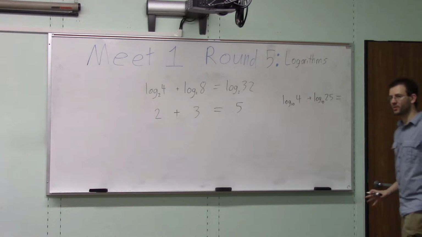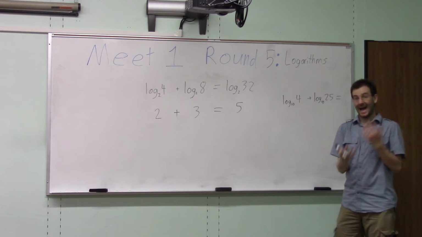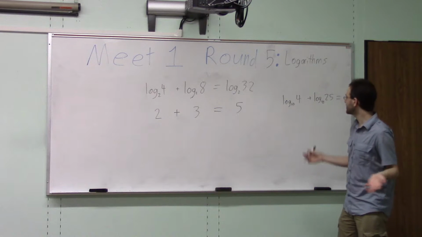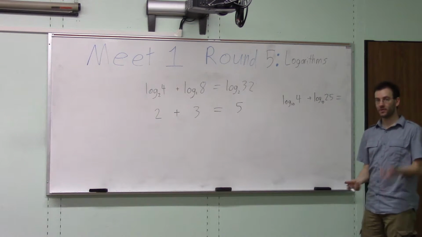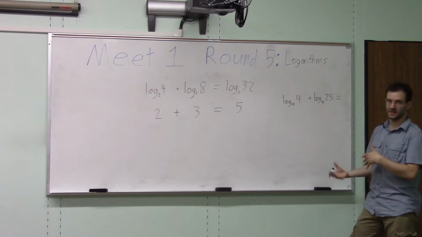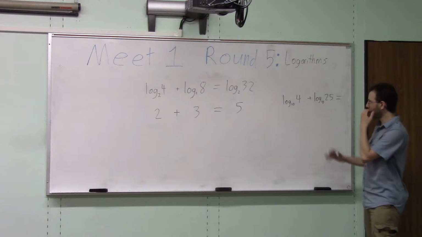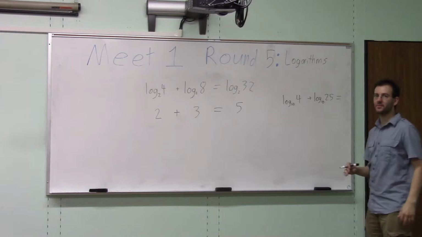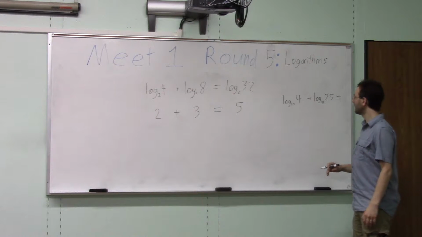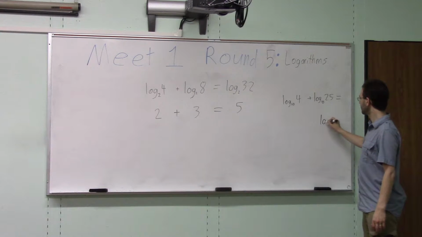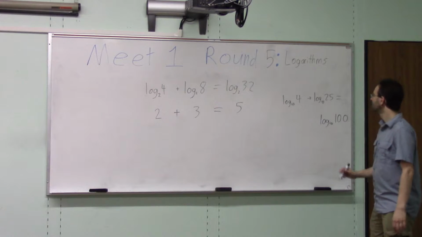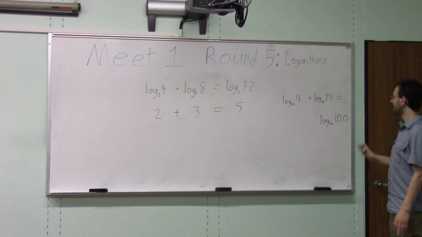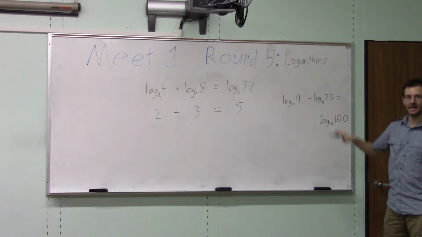This problem is solvable. How many 10's are there in 4? I don't know. Less than 1. There's not even a single 10 in 4. How many 10's are there in 25? I don't know. More than 1, but definitely less than 2, because 2 10's makes 100. How many 10's are there in those two things combined? Well, there are 2 10's altogether in those combined.